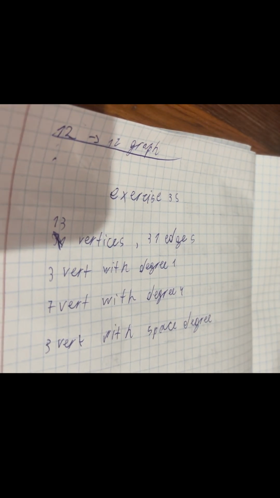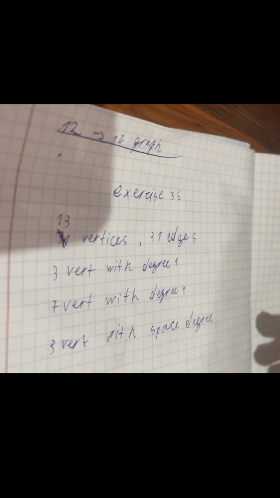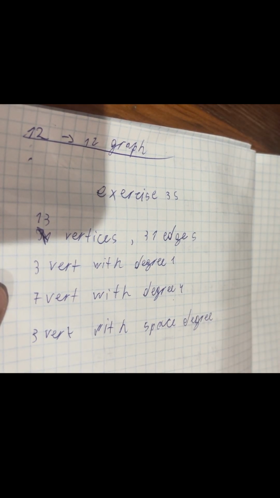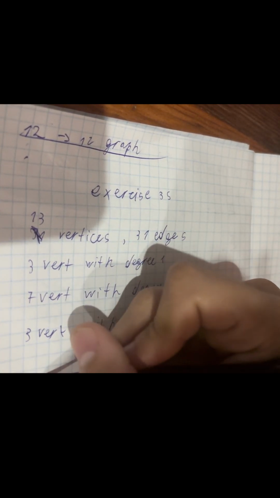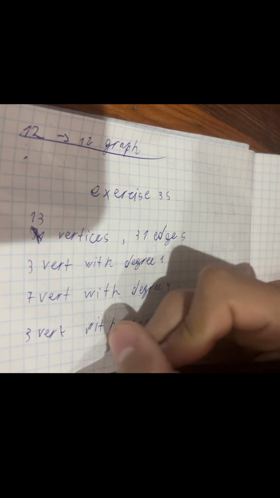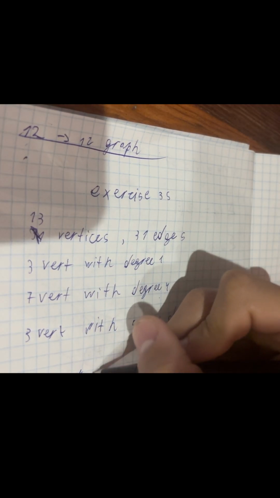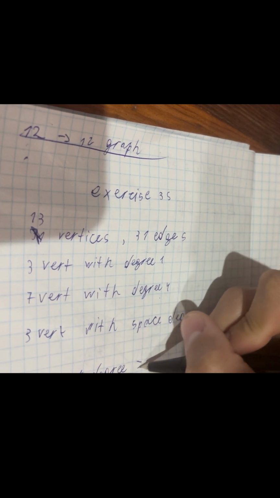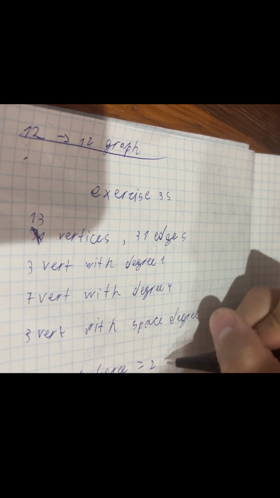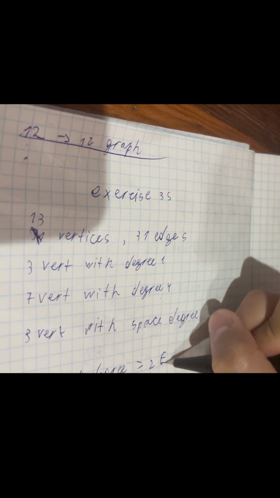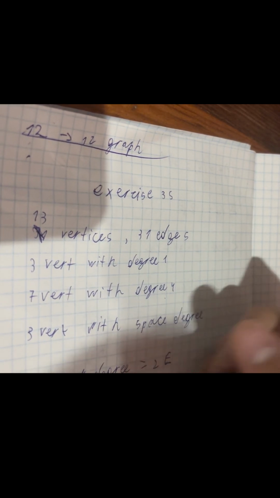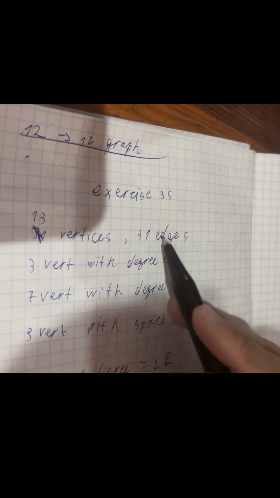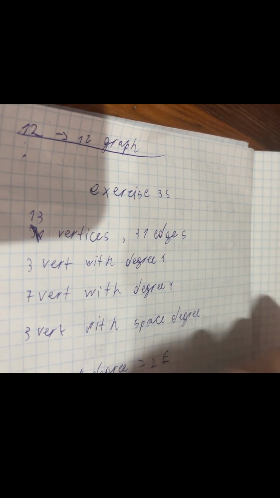Okay, let's try. By the formula, the sum of degrees equals 2 multiplied by e, where e is the number of edges. So 2 multiplied by 31 is 62.